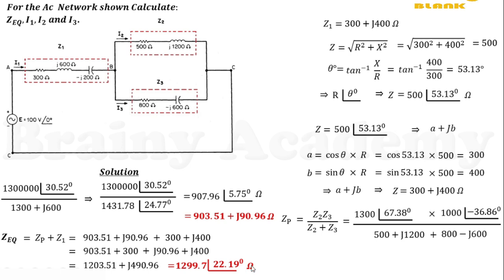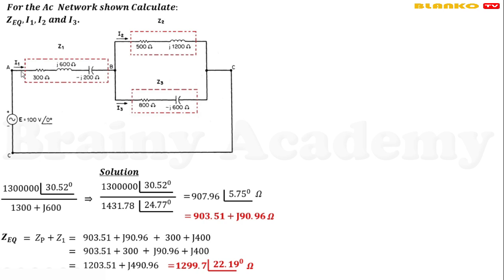I hope you understand. So let's now move on to calculate I1, I2, and then I3. But before that, let's calculate the total current. The total current IT is equal to E over ZEQ. E is the supply voltage, ZEQ is the total or equivalent impedance.